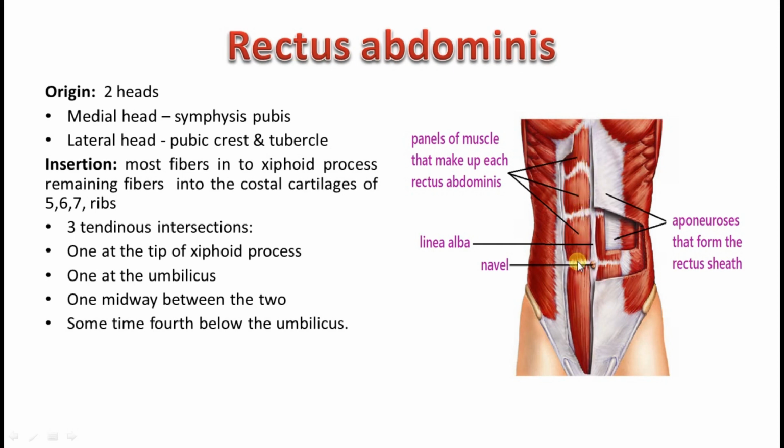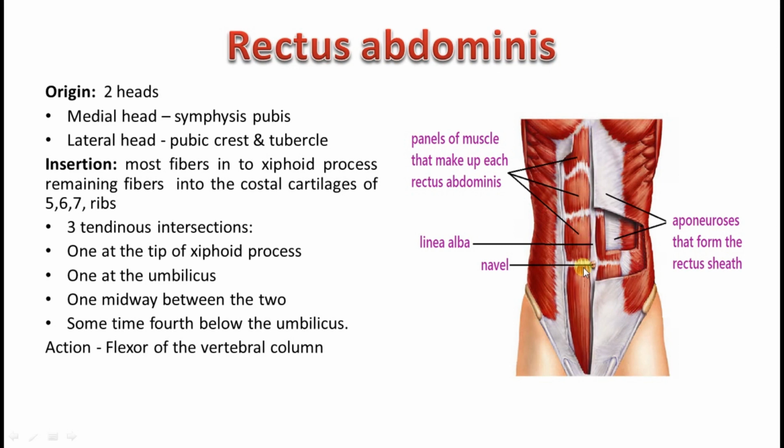That means they are from different myotomes, and these have fused and appear as a single muscle. Now why is it segmental in innervation, segmental in development, and why are these tendinous intersections present? That we will come to while we discuss the actions of these muscles.